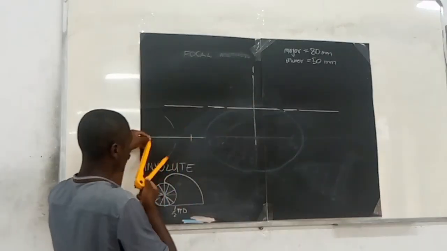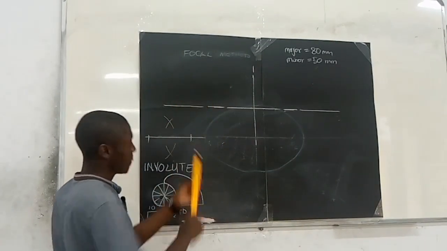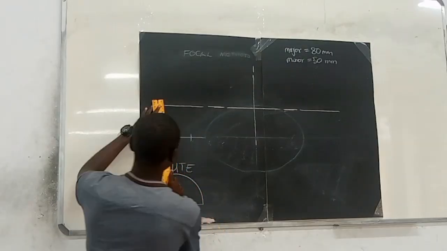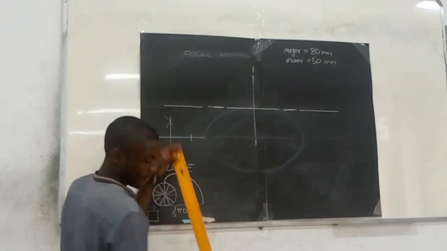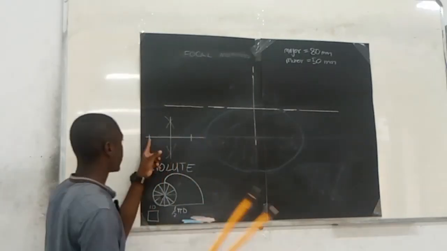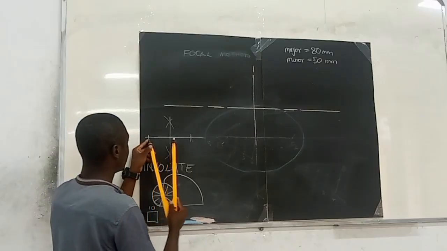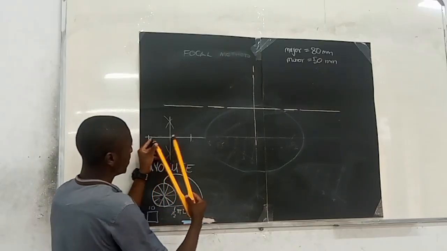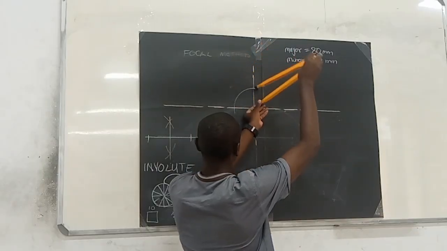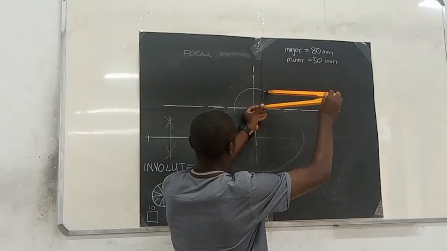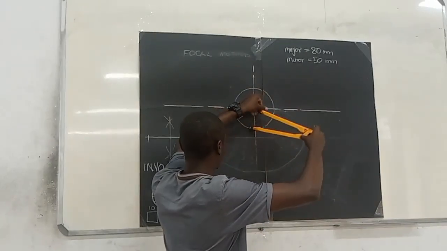So somewhere on your paper, you just do this so that you have an accurate 35. So now the distance from this point to there is exactly in the middle of 35. So this is 17.5. Then you stand here and draw your circle. This circle is in construction.